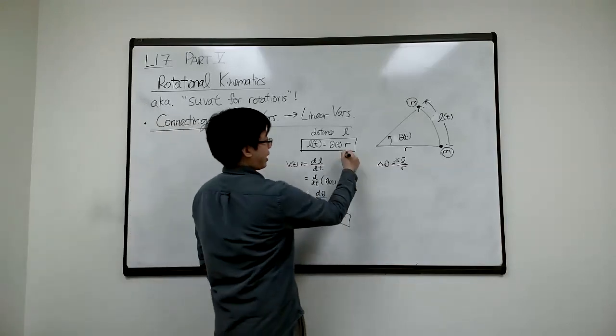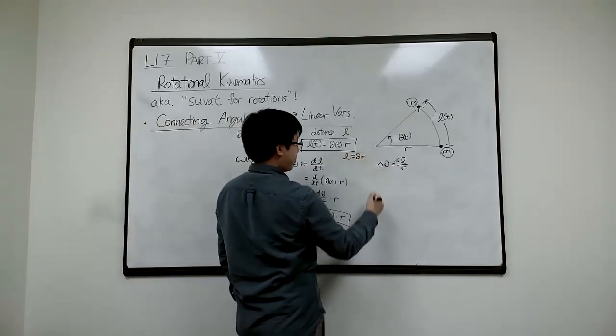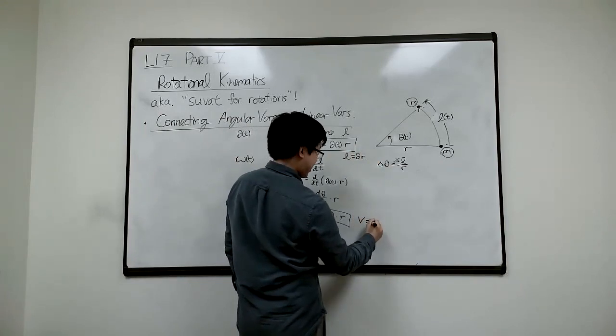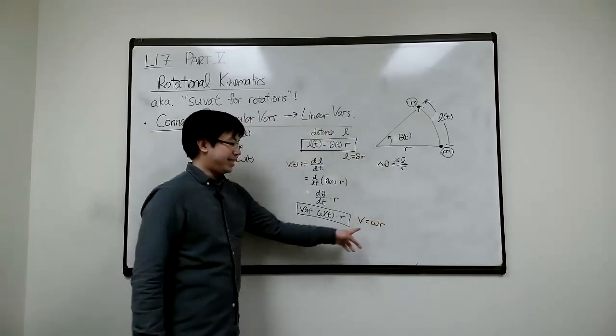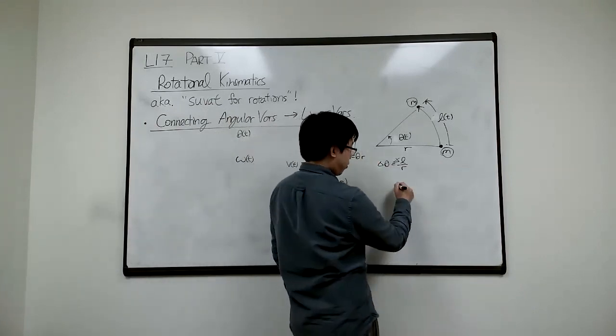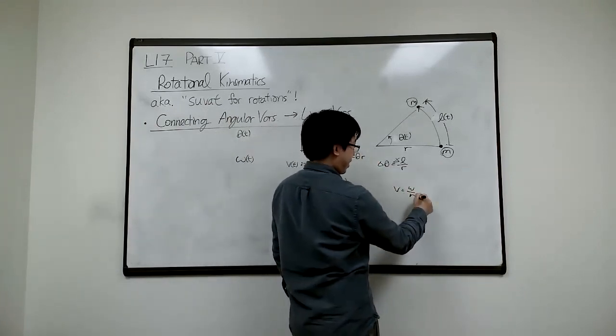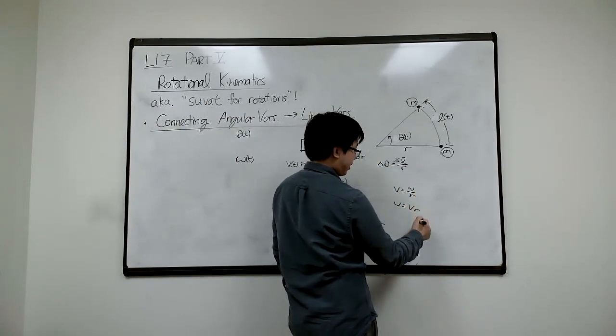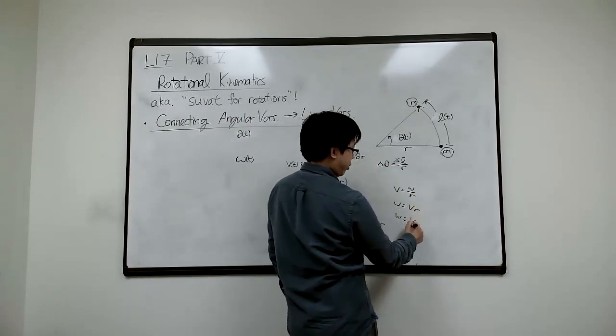Okay, so if you like, you can remember this version, but like I say, this is where it gets confusing. It's very easy to forget: is it v equals omega r, or v equals omega divided by r, or omega equals v r, or omega equals v over r?